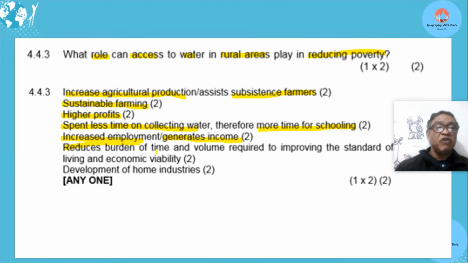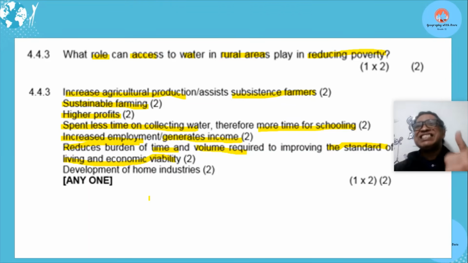Reduces burden of time and volume required to improve standard of living and economic viability. All right, what we're saying here is that because it reduces time, you spend less time transporting water because the volume you're bringing is bigger and it's faster with the wheel.